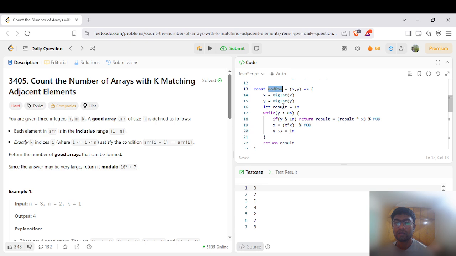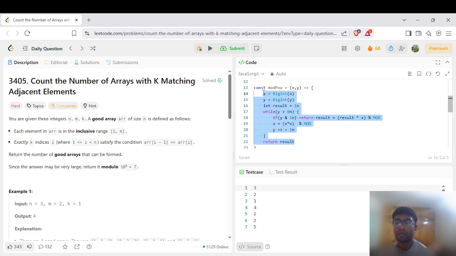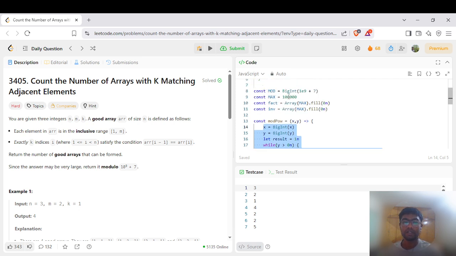And next is finding the specific power in an exponential way, right? So this would be performing its operation in log of n time. So yeah, and these are a bunch of variable declarations here.